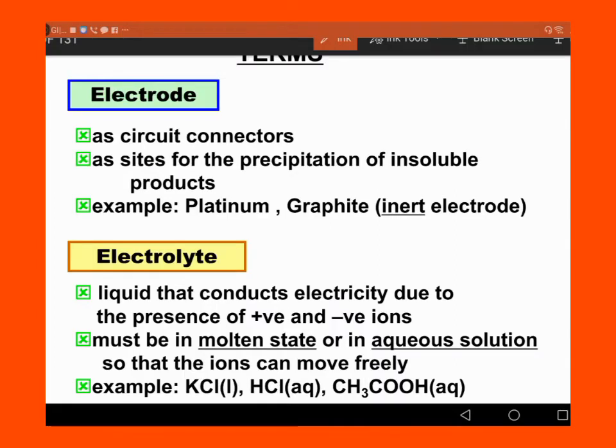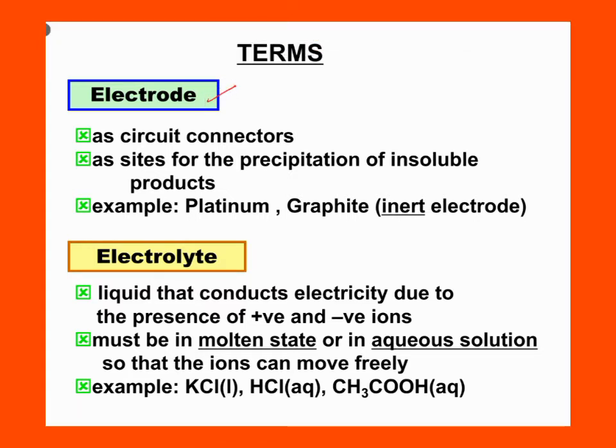Let us look at the terms in electrochemistry. The first one is the electrode. Electrodes are the circuit connectors, the sites for the precipitation of insoluble products. Examples of electrodes are platinum and graphite, which are inert electrodes. The second one is electrolytes.